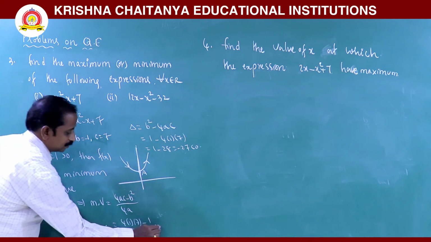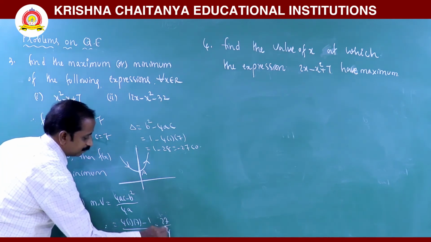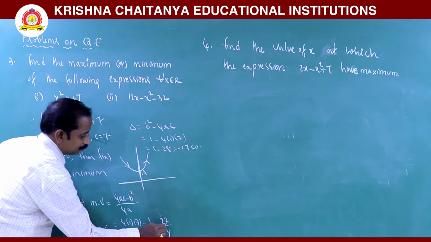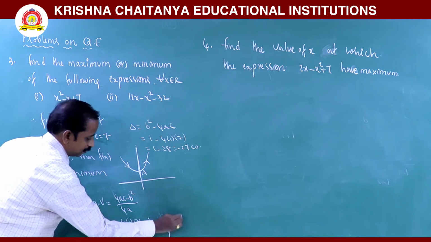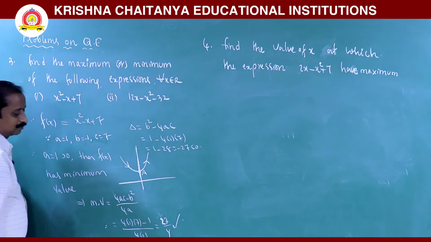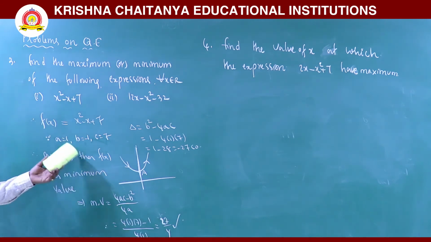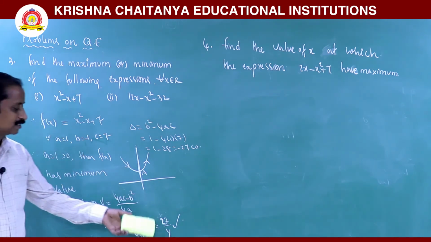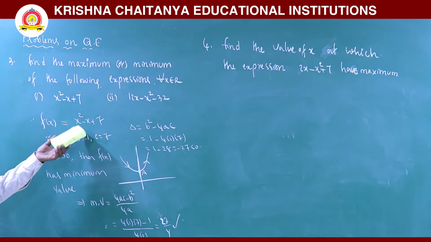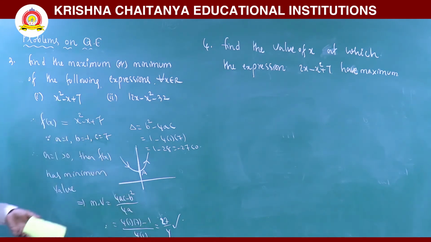So it is nothing but 27 by 4. This is your answer. 28 minus 1 is 27, by 4a means 4 into 1. So 27 by 4 is the minimum value of the expression.